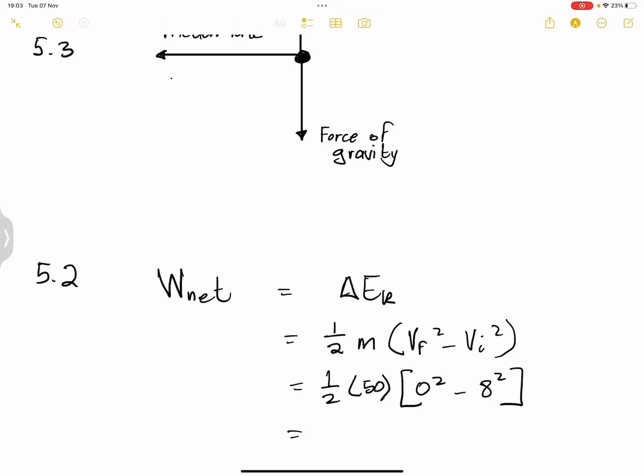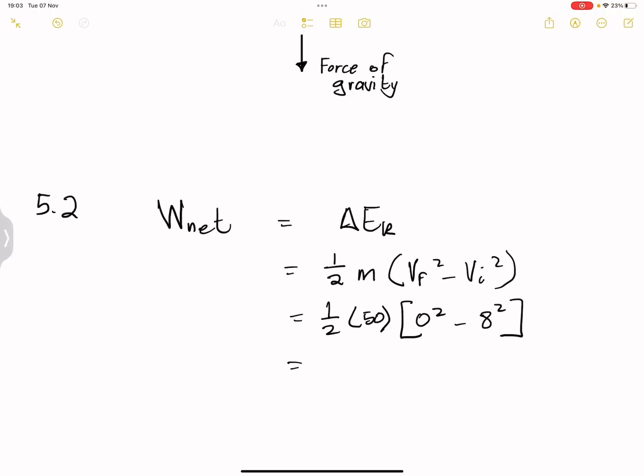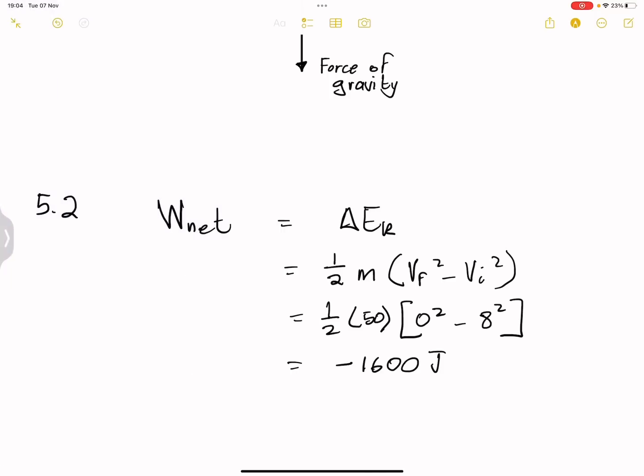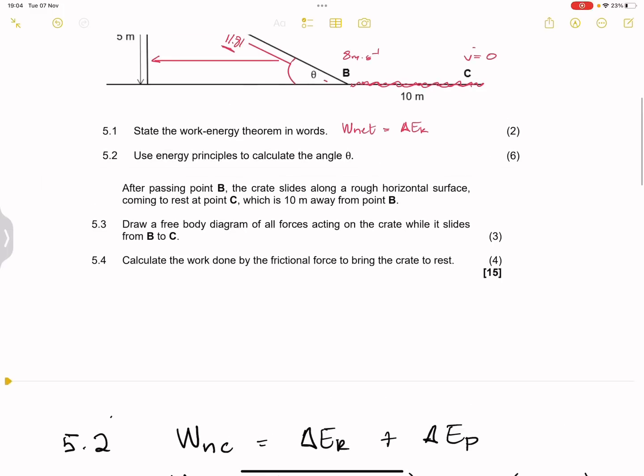So if we take that, okay, now I want you to keep in mind, we've got a half of 50, 0.5 times 50 times 0 squared, which is 0, minus 8 squared, okay? So that gives us negative 1,600 joules, right? Now remember, this is the work done. What are we looking for? They wanted the work done by the frictional force to bring the crate to rest.